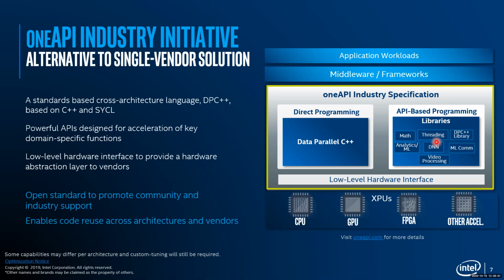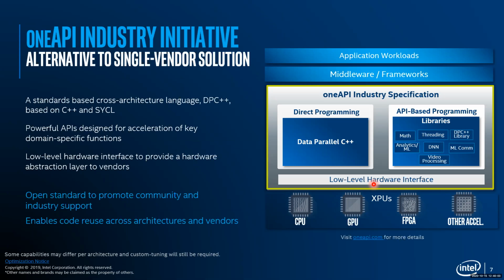Most of these OneAPI libraries are open source to encourage collaboration and help build new features and extensions. And also, to talk about the low-level interface to hardware, it's called OneAPI Level Zero.